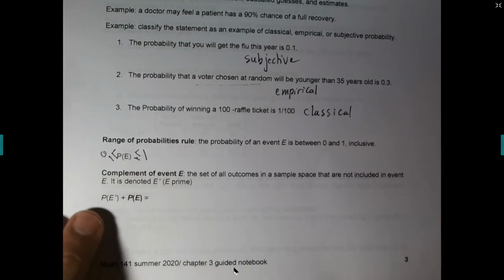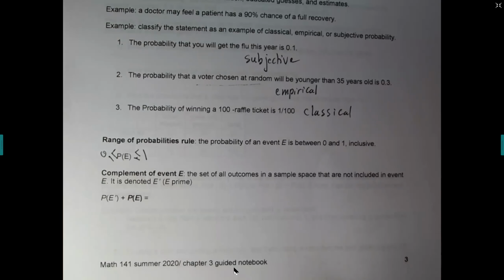Now, the last thing, guys, before we wrap this up. If I tell you the probability that it's going to rain today is 70%, I can ask you the following question. What's the probability that it's not going to rain today? So the probability that it will rain today is 70%, 0.7.